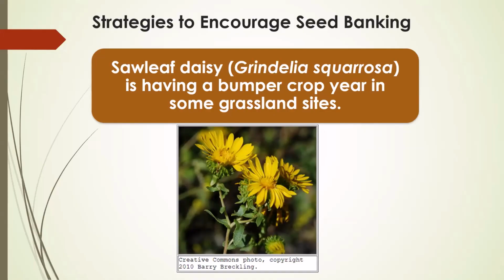So for whatever reason, this species decided that this year is going to be its bumper crop year. It is ensuring a little bit more success for that species for the next several generations. And again, this is a natural phenomenon that happens every once in a while.